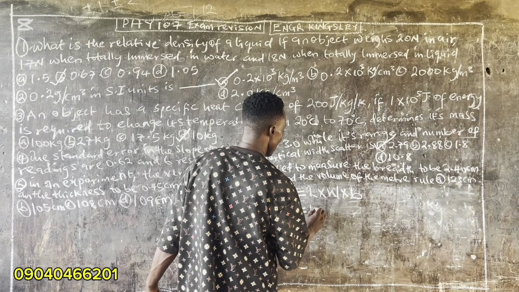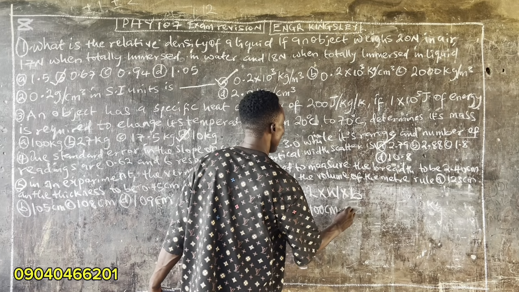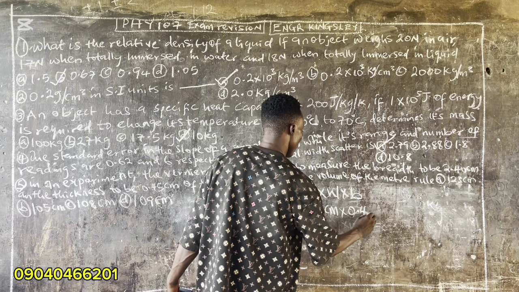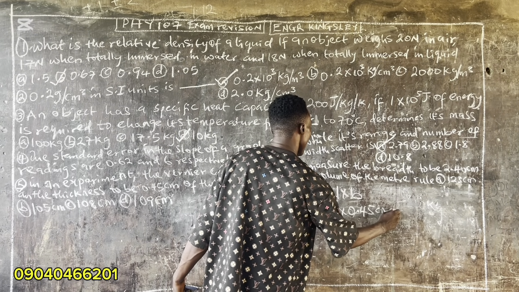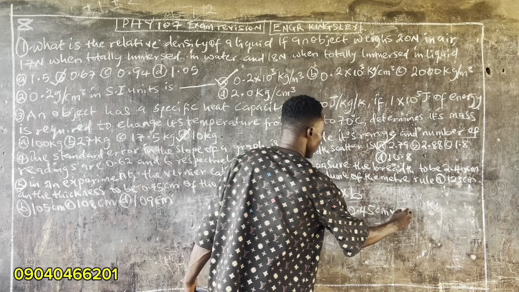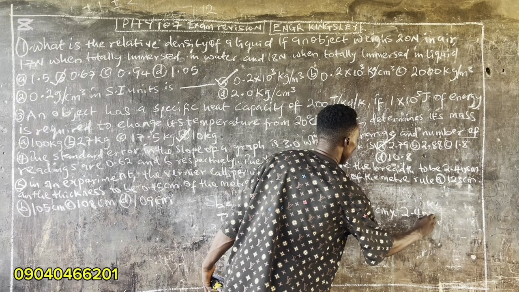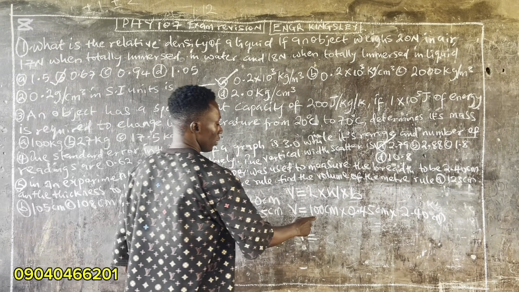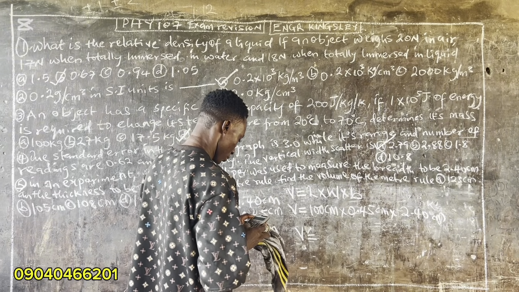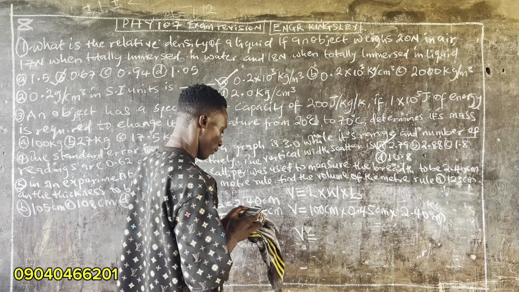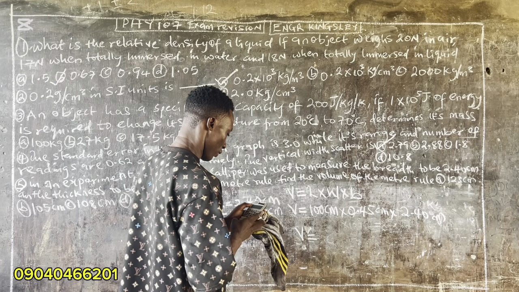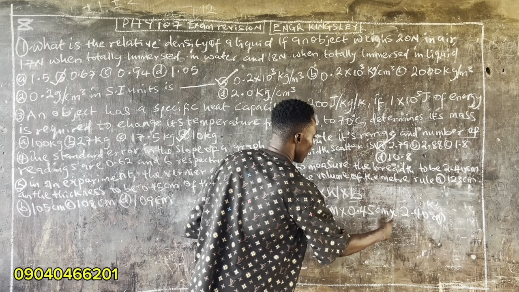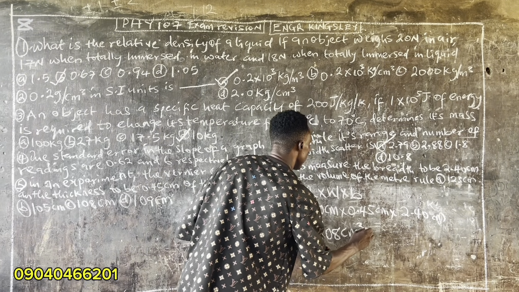So when you plug it in, you have 100 cm times width, given to us as 0.45 cm, and breadth, given to us as 2.40 cm. So the volume is equal to 100 times 0.45 times 2.40, which gives us 108. Cm times cm times cm gives us cm cubed.